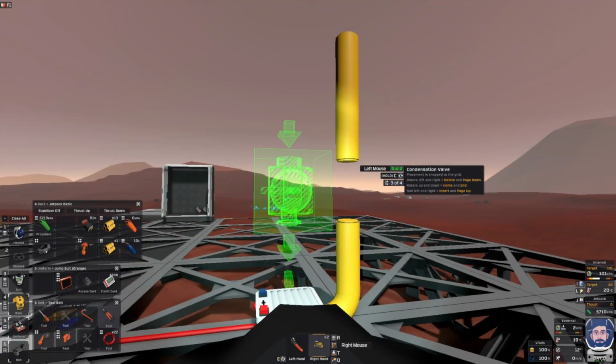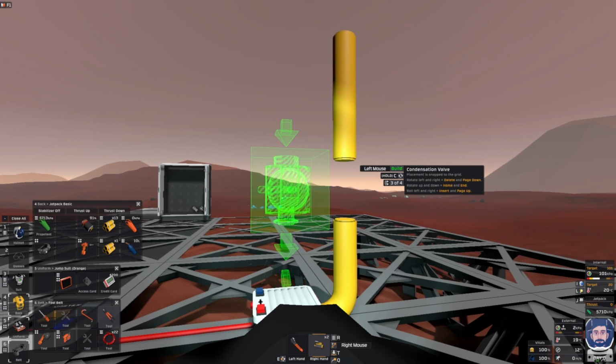The third and fourth types of the valve kit allow you to build the condensation and expansion valve. The drop of liquid next to the output arrow of the condensation or the input arrow of the expansion indicates that that side of it must be connected to a liquid pipe, not a gas pipe. These work in opposite fashion.